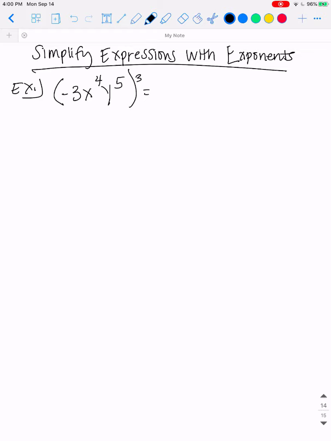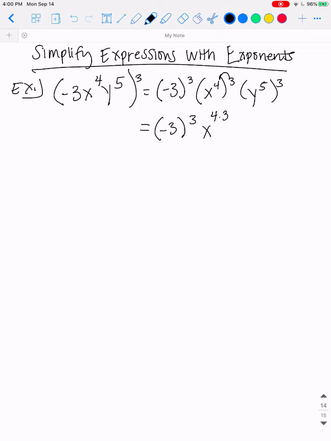So here, the first thing that we're going to do is distribute this exponent 3 to all the terms in the parentheses. So we have -3 to the 3rd, x fourth to the third, y fifth to the third. For the others, distribute the 3, which means that we're multiplying.